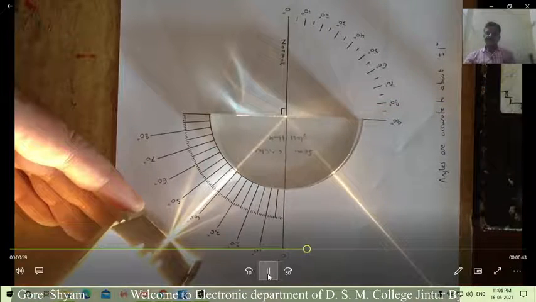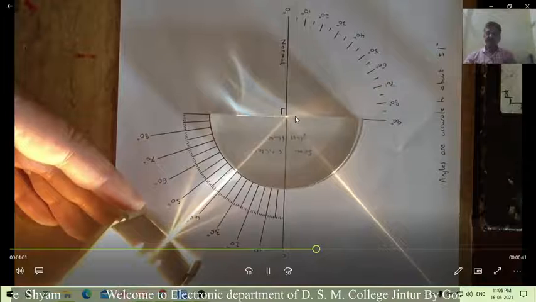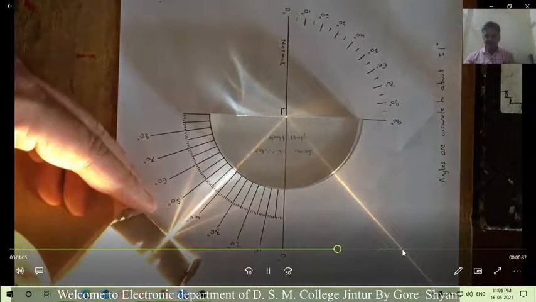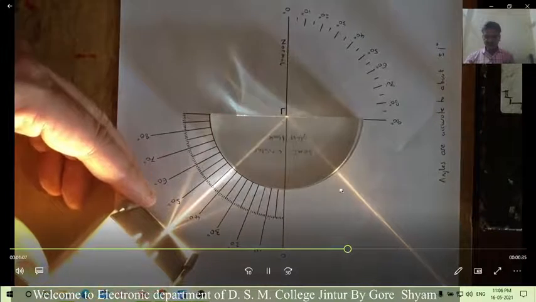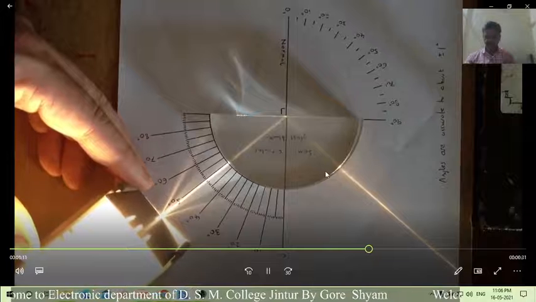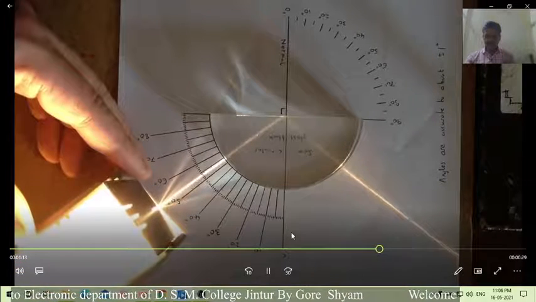Let us see here. Now instead of refracting, the light is totally reflected and comes back into the same medium.